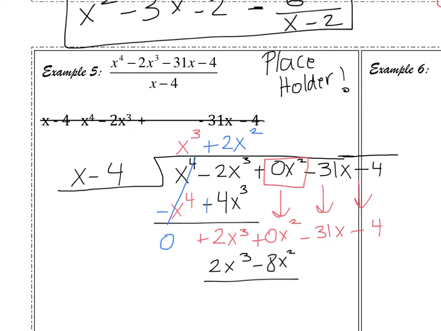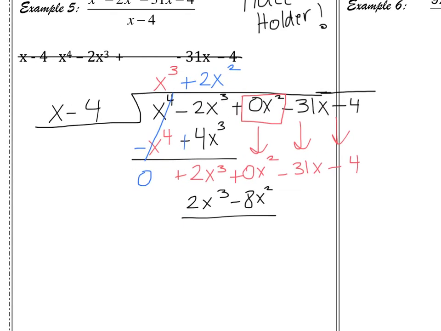If I forgot to do that, then I might be messing up somewhere over here as I'm subtracting. So don't forget placeholders for the missing powers. Now after you multiply, don't forget to change the signs. So 2x to the 3rd minus 2x to the 3rd, that cancels out. 0 plus 8, that would be an 8. Don't forget x to the 2nd. And you move everything down.